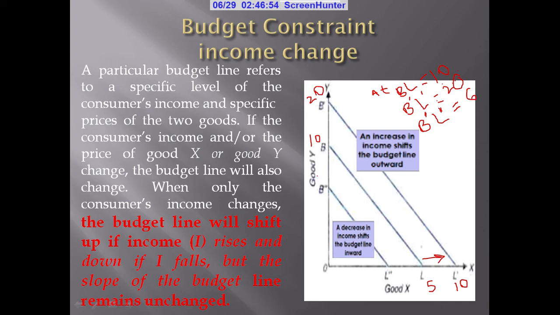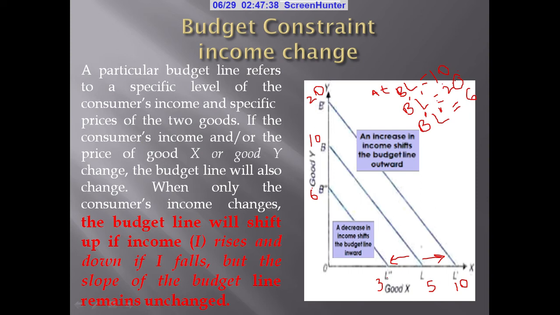At this budget line, the individual is able to purchase only 6 divided by 2, 3 units of commodity X, and 6 units of commodity Y. An increase in income increases the purchasing power of the consumer. So whenever income increases, the individual is able to purchase more of commodities X and Y. An increase in income shifts the budget line outward, and a decrease in income shifts the budget line inward, but in a parallel shift.